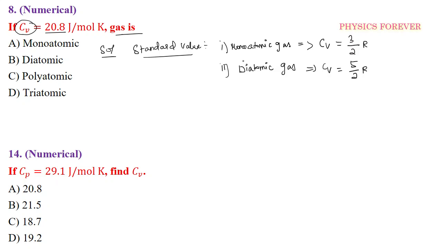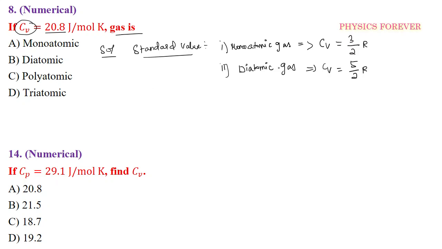So you have to remember those two values. Most of the exams only ask about monoatomic or diatomic gases; mostly 99% of exams only ask either monoatomic gases or diatomic gases.